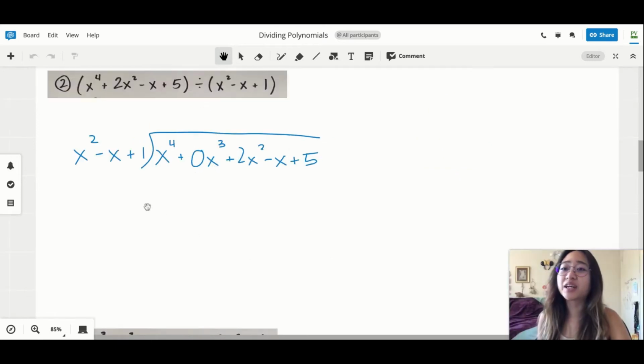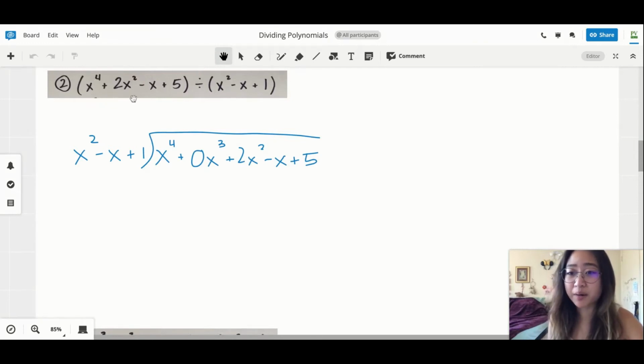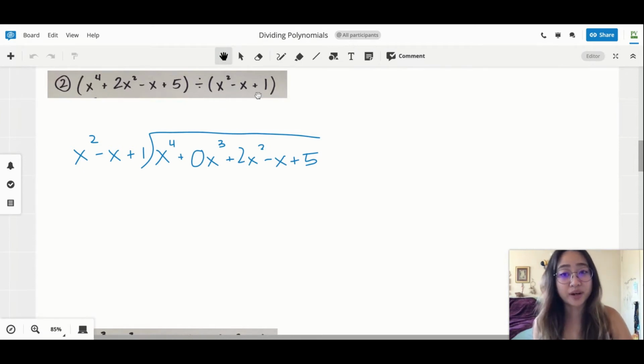Okay, so now we're looking at number 2, x to the 4th plus 2x squared minus x plus 5 divided by x squared minus x plus 1. So notice that our dividend has 4 terms, but when I wrote it out in our division bar, we have 5.